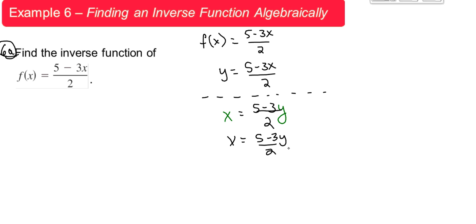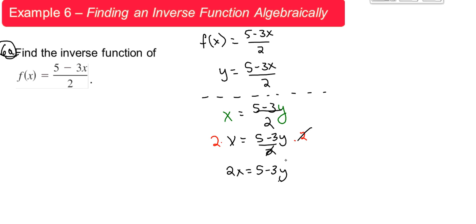I'm going to multiply each side by 2 to get rid of that fraction. And when I do that, I'm going to get 2x equals 5 minus 3y, because those canceled. I'm going to add 3y to both sides. Oh gosh, no, I'm not. I want to get y alone. Oh, I could have.